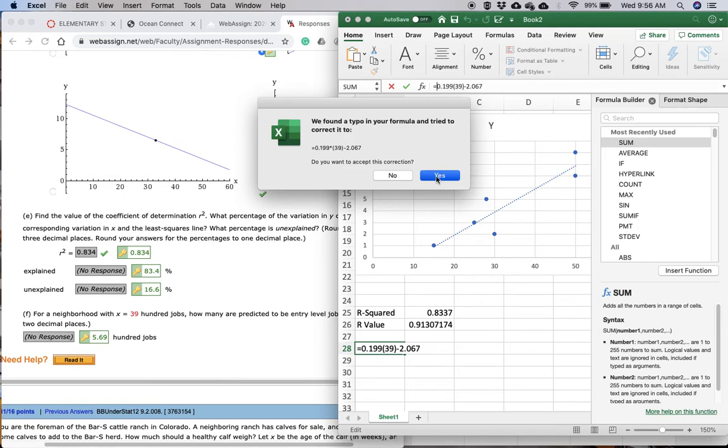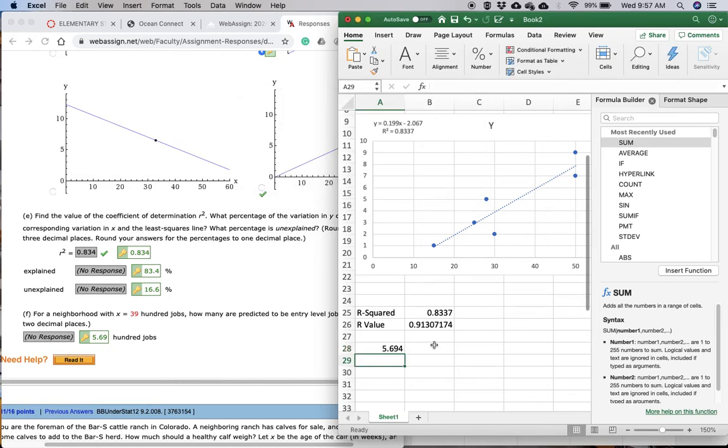And Excel does not automatically read parentheses as multiplication, so you do have to put a multiplication symbol, which is Shift 8. And there we go. We would have 5.694 jobs. Since it asks you to round to 2 decimal places, it would be 5.69, which is what we have right here.